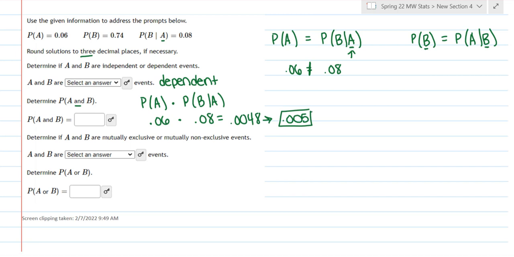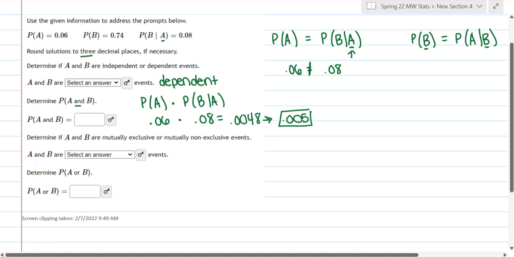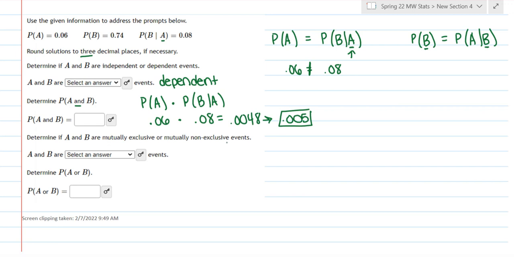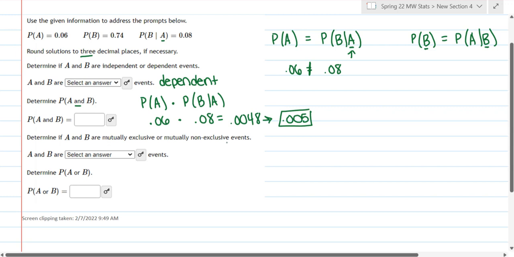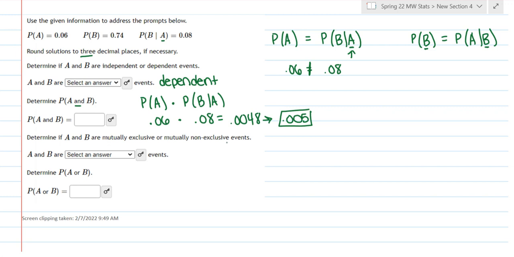Okay, now determine if A and B are mutually exclusive or mutually non-exclusive. And I think that I gave this to you guys in the notes in the last class. We aren't given any context of the situation, so we assume that they are not mutually exclusive. I want to make sure that that's in the notes, because if it's not, I'm going to add it in.